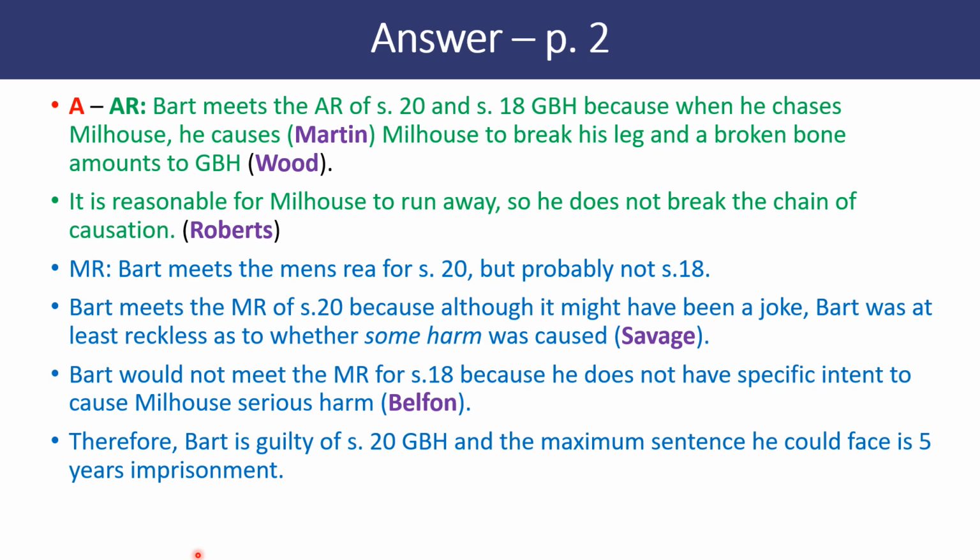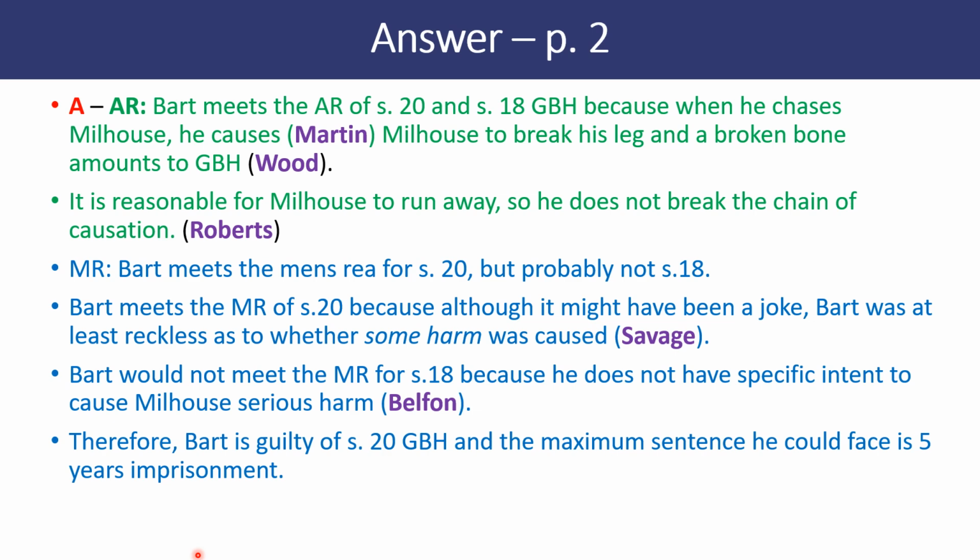So I'm going to conclude by saying that Bart's guilty of section 20 GBH and the maximum sentence that he could face is 5 years imprisonment. So I hope that video was helpful to you, and I hope just by running through that suggested answer, you can see how you would go about applying the law on GBH.